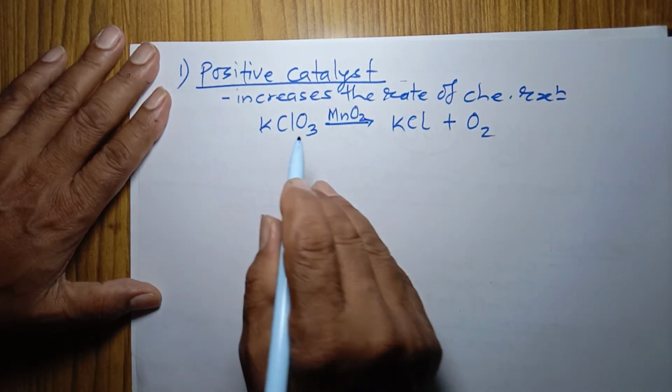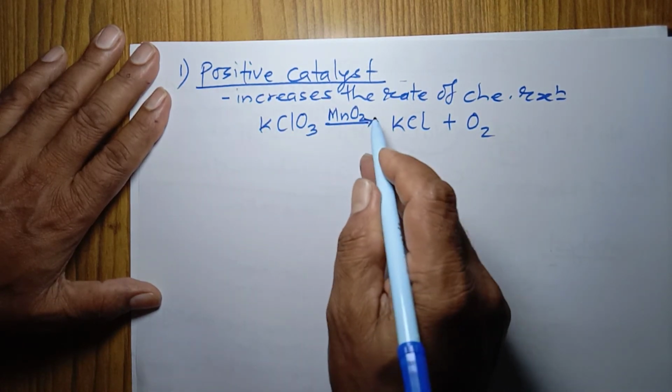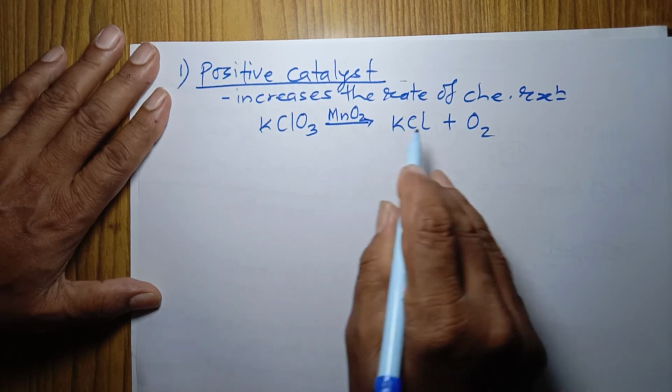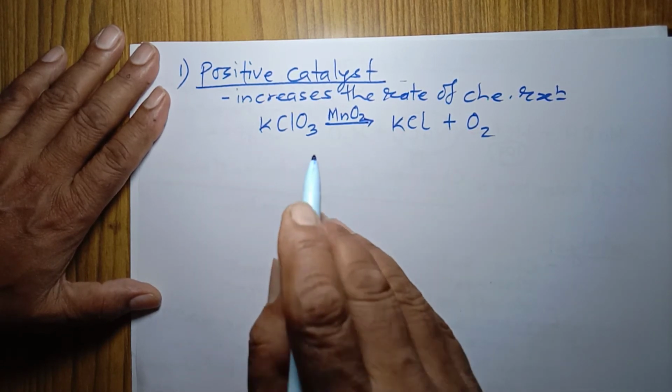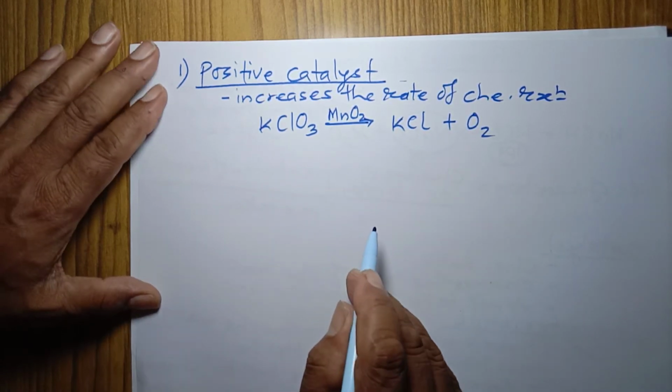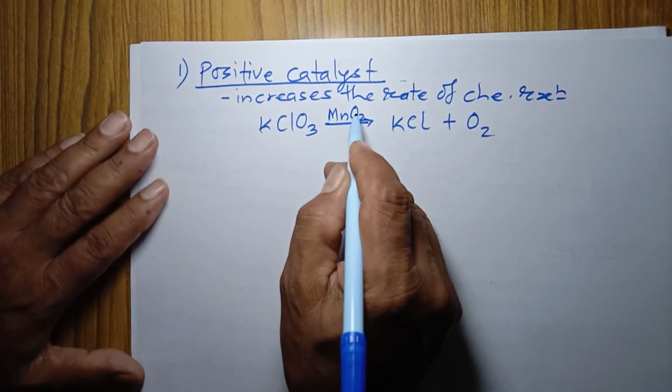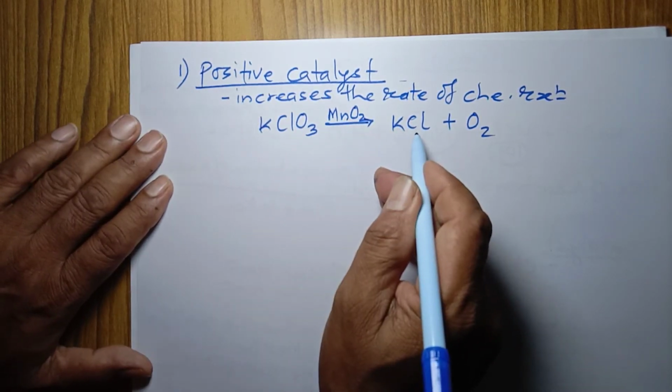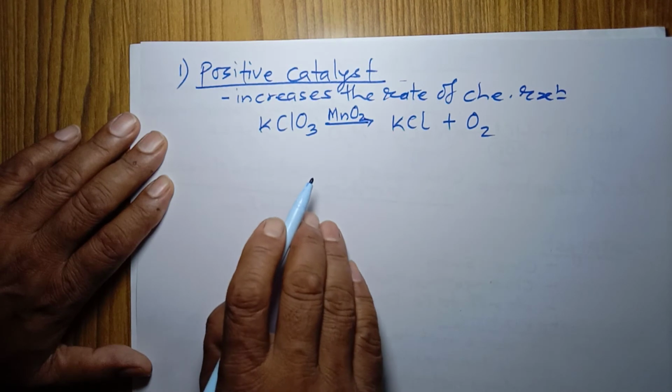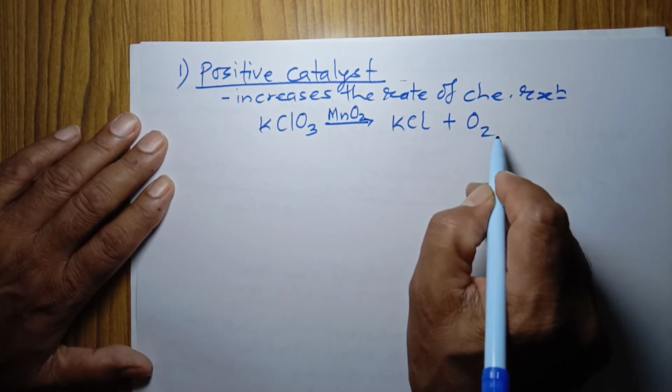If potassium chlorate and manganese dioxide are powdered and mixed with each other, the same decomposition occurs at a lower temperature. That's why manganese dioxide is acting as a catalyst, which is increasing the rate of chemical reaction.